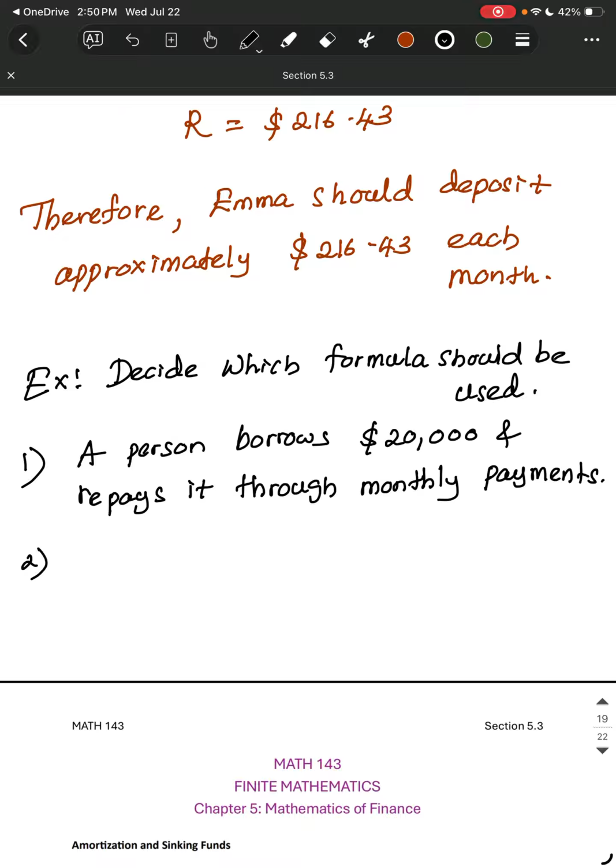Second, a person wants to save $20,000 by making monthly deposits.